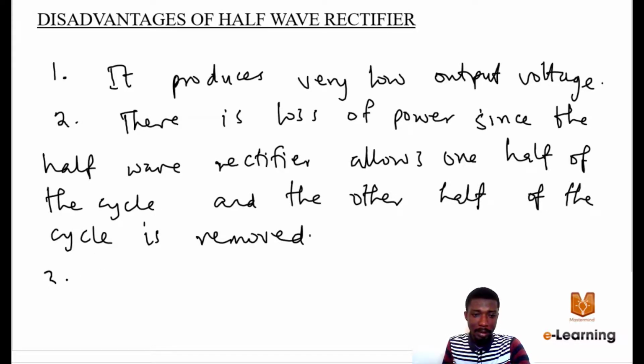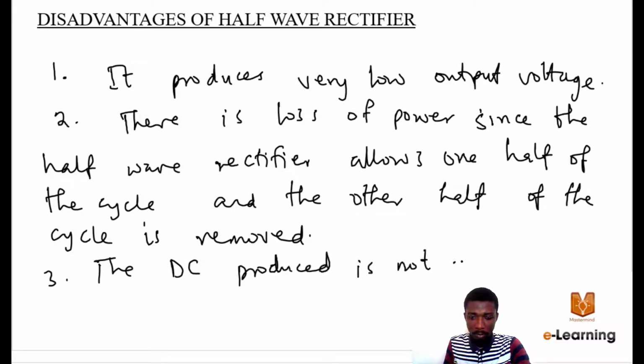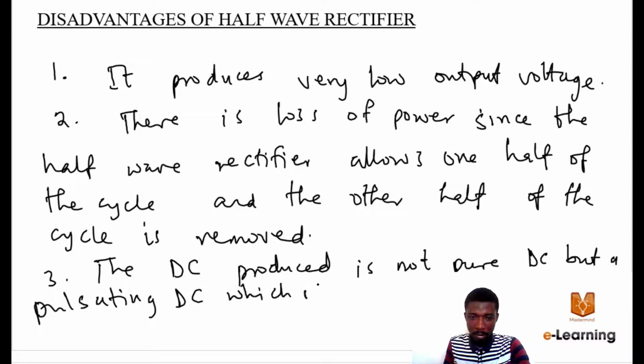Our third disadvantage is that the DC produced is not pure DC, but a pulsating DC, which is not much useful.